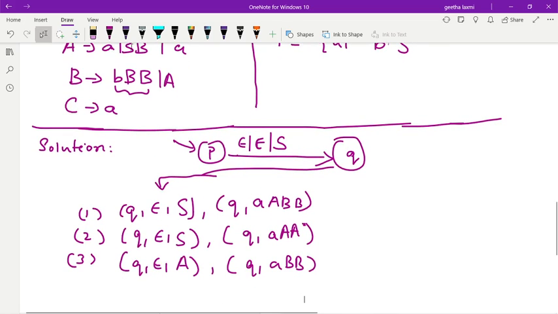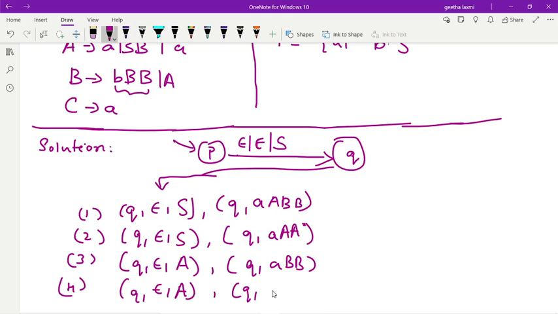Next we have one more rule on A, that is q comma epsilon comma A, which will give you A. A gives A, so q comma A.